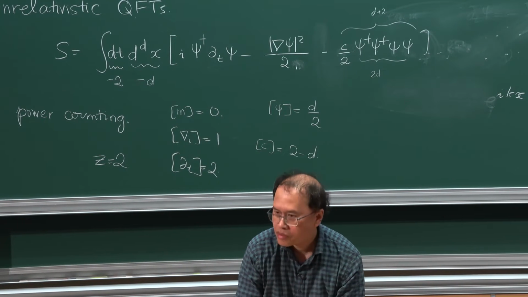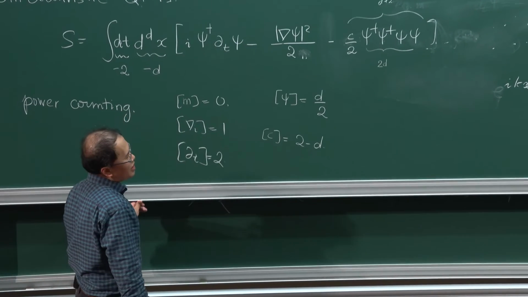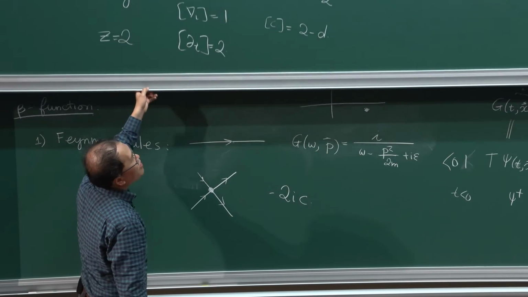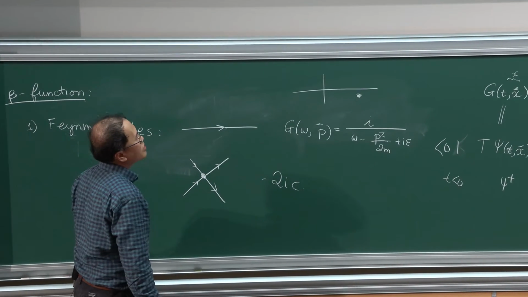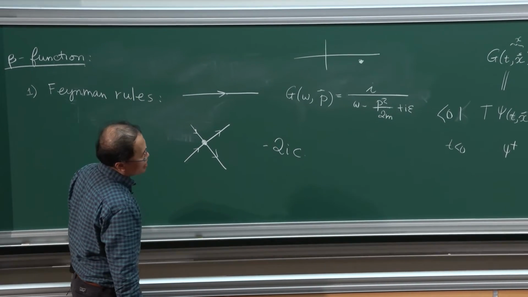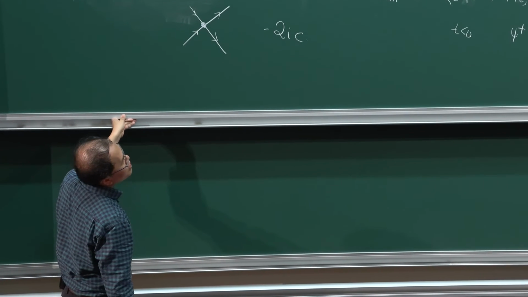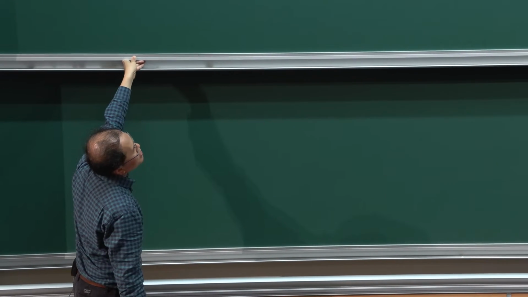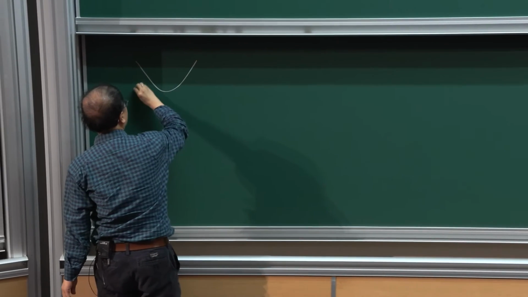Now, if I'm trying to look at the renormalization of the 4-point interaction, we know how to look at this in phi-4 theory. Relativistic phi-4 theory would have to compute one loop diagrams.